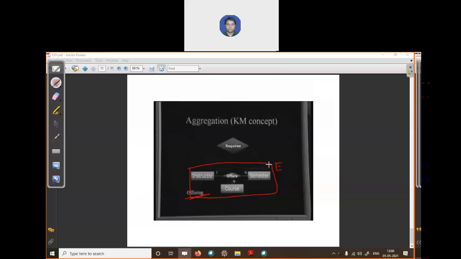Now this entity can participate in other relationships. We can use this entity as another entity type. We are covering the whole thing into a single unit, the whole relation abstracted into a single entity.